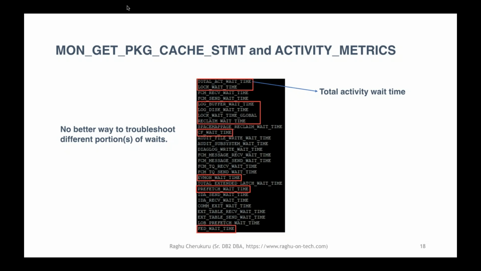If you are in a DPF, you can check for Fast Communication Manager table queue receive wait time and send wait times. Those are amazing, and you can even write queries to get what is the bottleneck, what wait is the bottleneck as a fraction of the total activity wait time. That's just an idea. So this is something that I use almost on a daily basis.